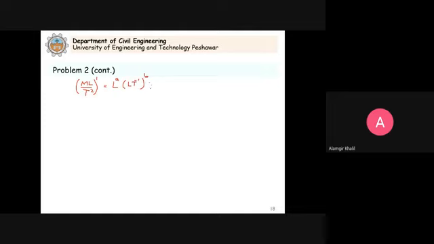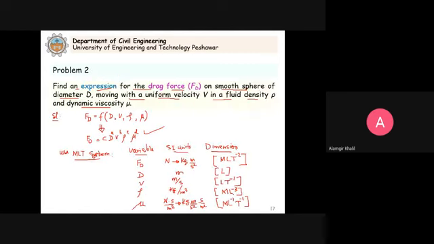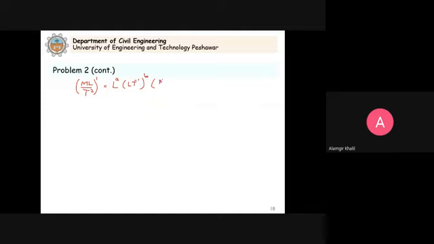And then we write M L to the power minus 3, whole power c, and then M into L to the power minus 1 into T to the power minus 1, whole power d.